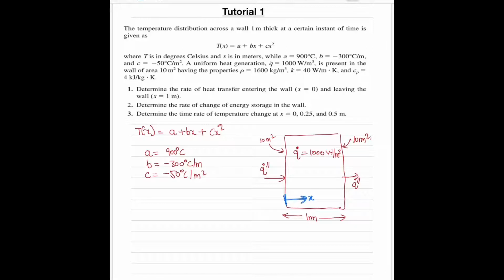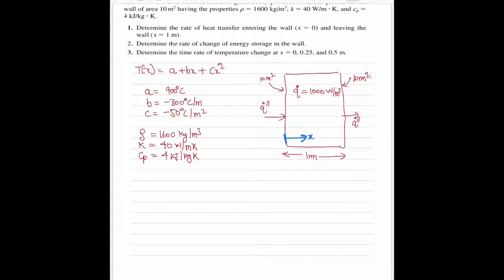If we suppose this is our coordinate direction, the other properties related to the block are given as rho, the density, equal to 1600 kg per meter cube, k, the thermal conductivity, equal to 40 watts per meter per Kelvin, and specific heat as 4 kilojoule per kg per Kelvin.